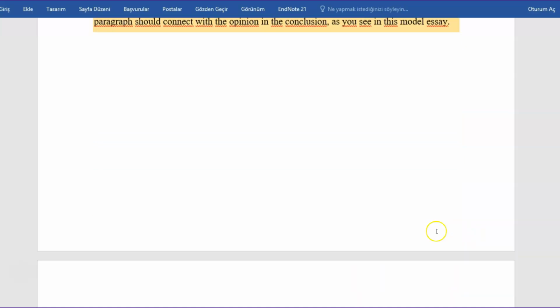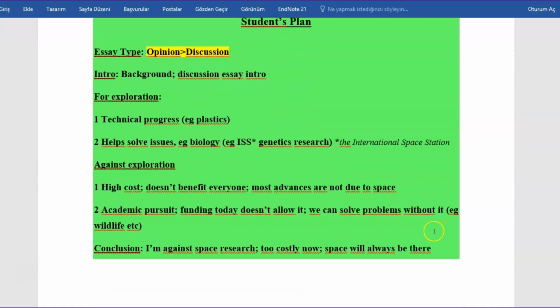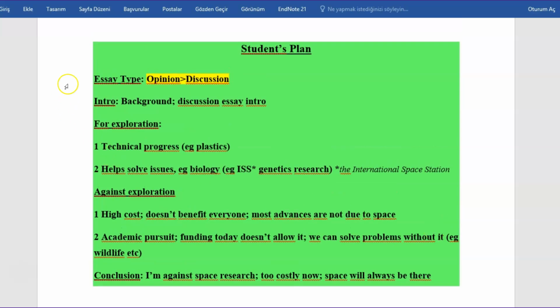Okay. Regarding our essay planning, as we explained, this is an opinion or discussion type task. In the introduction, we will talk about the background and discuss the essay intro.